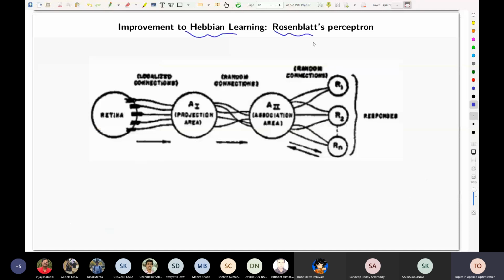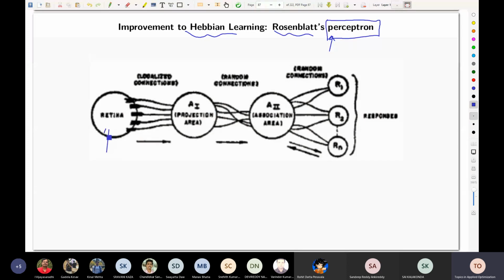There is an improvement over Hebbian learning called the Perceptron. This is where we want to focus. This is the basis of what I initially talked about as the neural network. These are the Perceptrons, and they proposed something like this. If you have seen a neural network by now in other classes like SMAI, you know that this is very similar to a neural network, right?